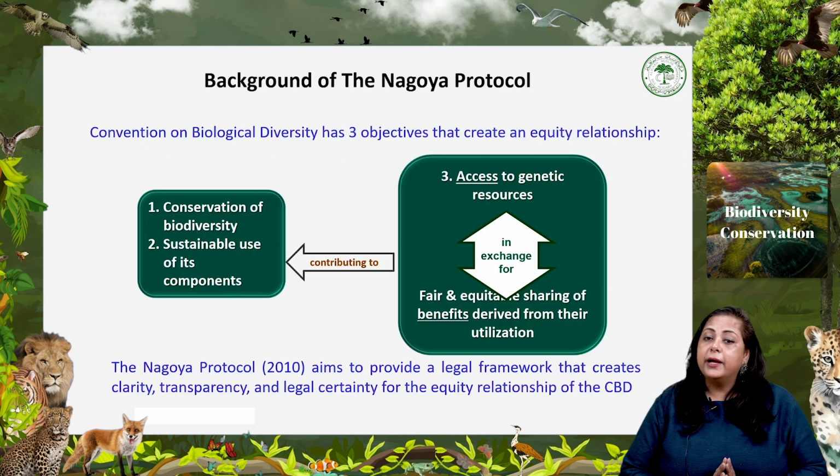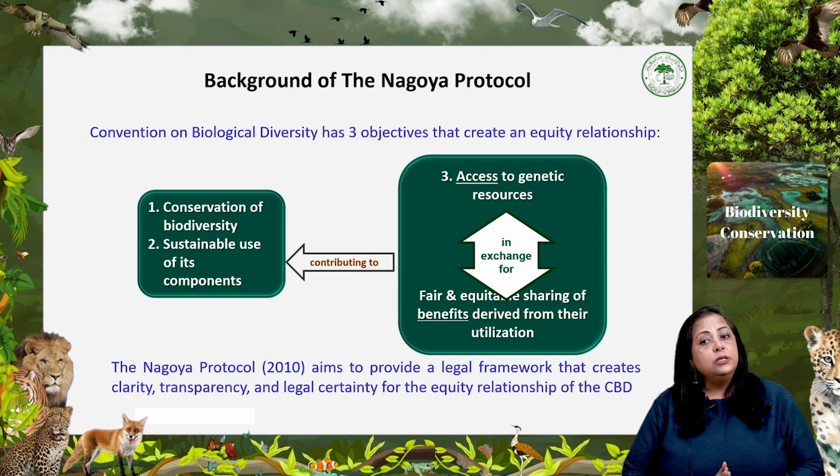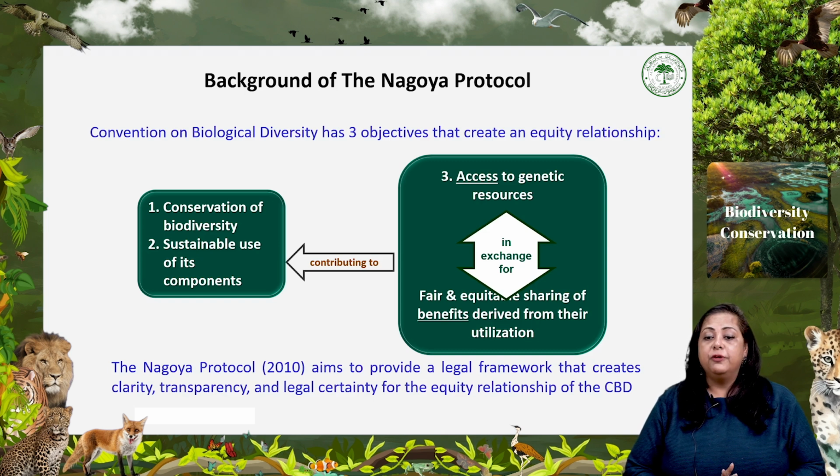So, what is the background of the Nagoya Protocol? We know that the Convention on Biological Diversity took place in 1992, and it has three objectives: the conservation of biodiversity, the sustainable use of its components, and the third was access to genetic resources in exchange for fair and equitable sharing of the benefits derived from their utilization.